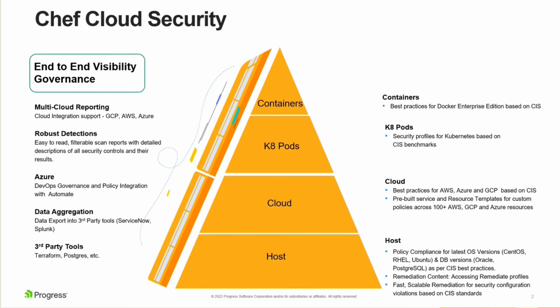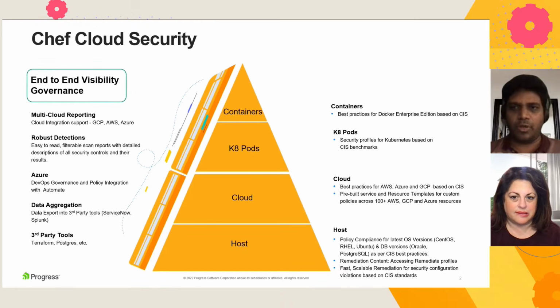Eventually, you can take all of the data into any of your third-party tools, be it ServiceNow, Kibana, or any other tools, through the API integration that we provide from Chef Automate. With that, let me take you right into Chef Automate.